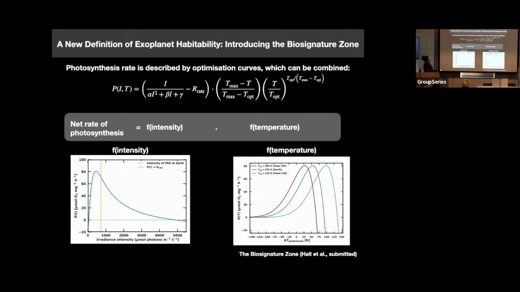A key point that I want to highlight is it includes your rate of respiration. Your rate of respiration stays about the same. It's what you need to keep you alive and to do all the things like move, reproduce, grow. You're only going to get a net positive photosynthetic output in terms of amount of oxygen produced if your photosynthesis rate exceeds your rate of respiration.